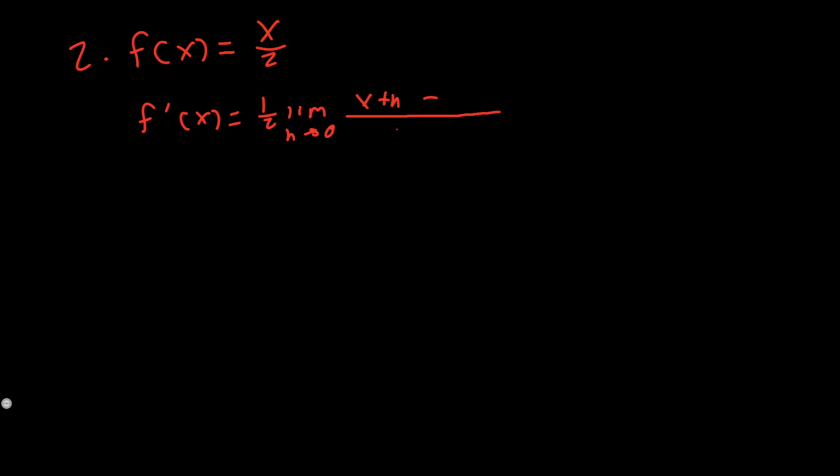The x's cancel out in the numerator, leaving us h over h, which is just 1. And the limit of 1 as h approaches anything is just going to be 1. So our derivative is simply 1/2, or the rate of change of the function is 1/2.